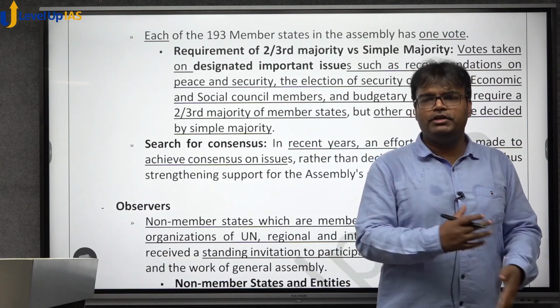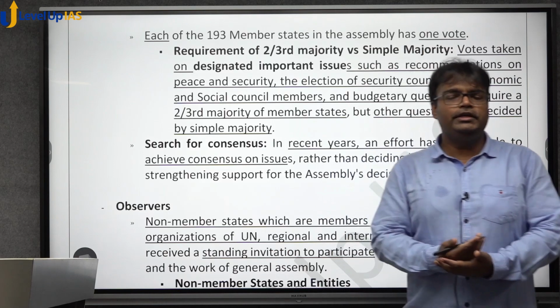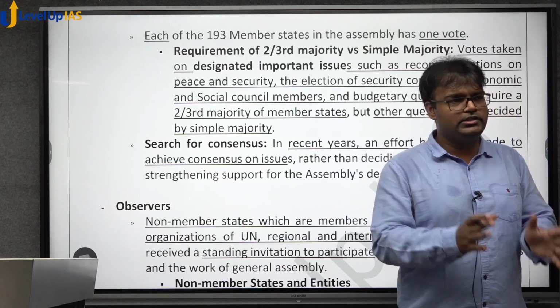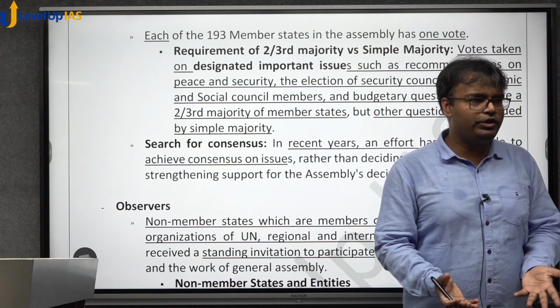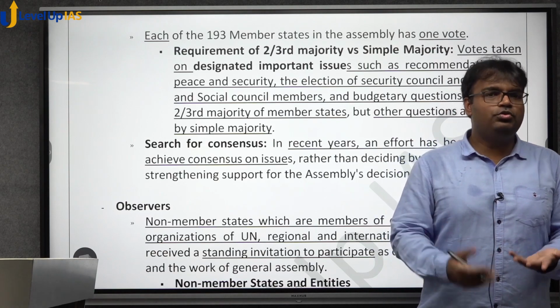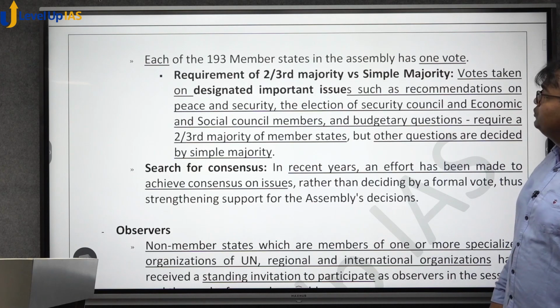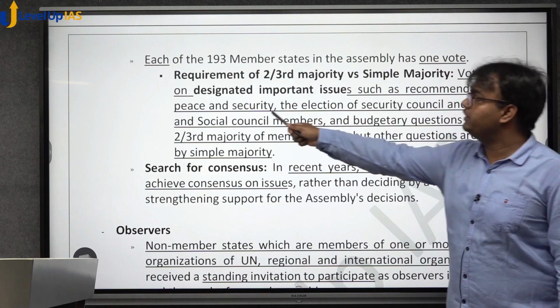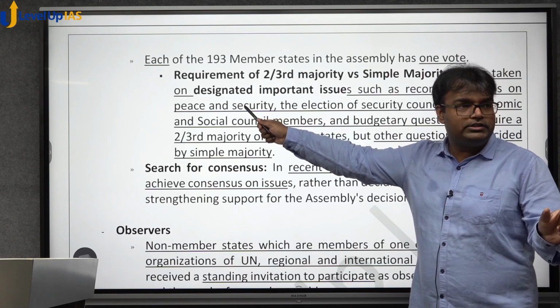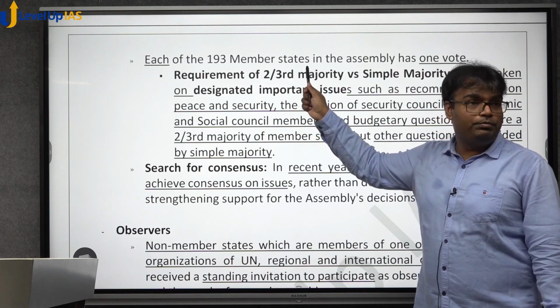They have been trying to do that, but even in recent cases there have been cases of voting, and in crucial circumstances, for example a recommendation on peace and security, which is an important decision, a 2/3 majority would be required.